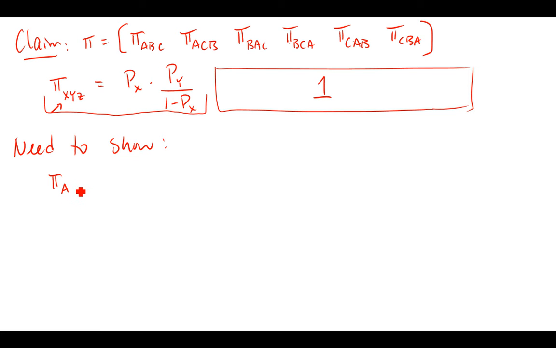Now, of course, I only have 2 combinations, so this might not be too bad. If I fill in the details here, this is PA, that's PB, and that's 1 minus PA. And then similarly down here, I just replace B with C.